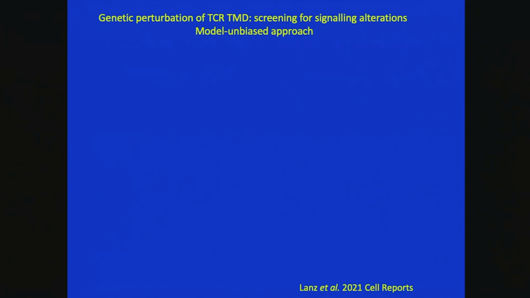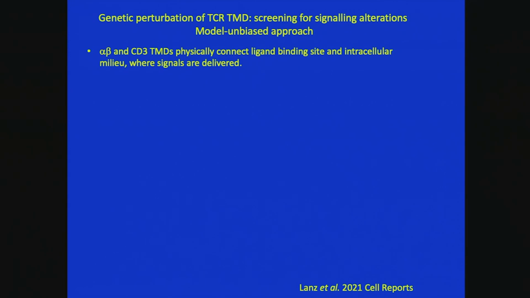And the idea was quite simple. In fact, I was trained in genetics by Roberto Tosi when I did my thesis. And so the idea was that if the transmembrane domains, or regions, these alpha helices, really connect the external part to the internal part, this is the part that should ensure somehow the signal transmission.